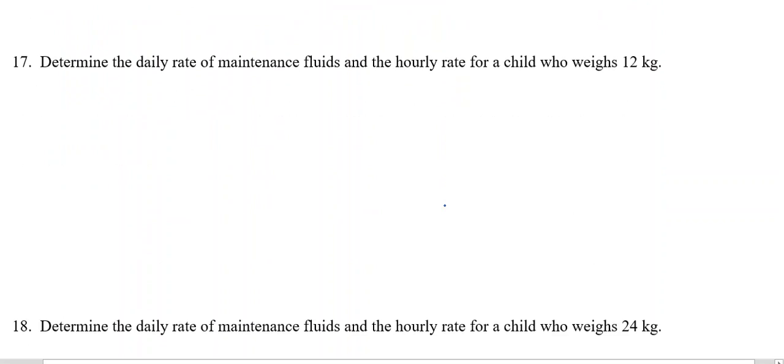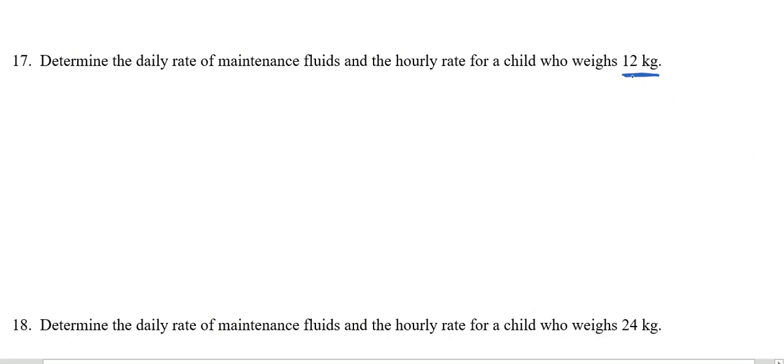Let's look at number 17. This child weighs 12 kilograms. So for the first 10 kilograms she weighs, she's going to get 100 milliliters per kilogram per day. And that leaves me with 2 kilograms.